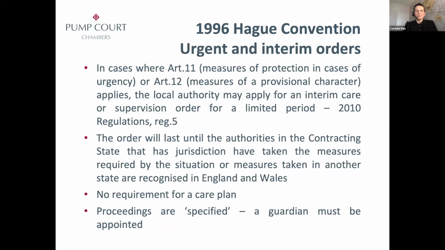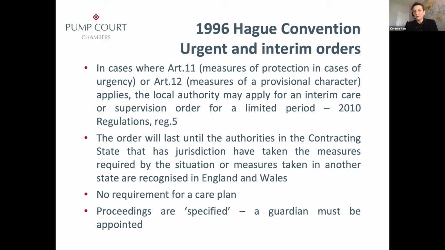The subordinate legislation in the UK, the 2010 regulations that I referred to at the beginning of this section, make it clear that in cases where Article 11 or Article 12 applies, the local authority may apply for an interim care or supervision order for a limited period, and the order will last until the authorities in the contracting state that has jurisdiction have taken the measures required by the situation, or measures taken in another state are recognised in England and Wales.